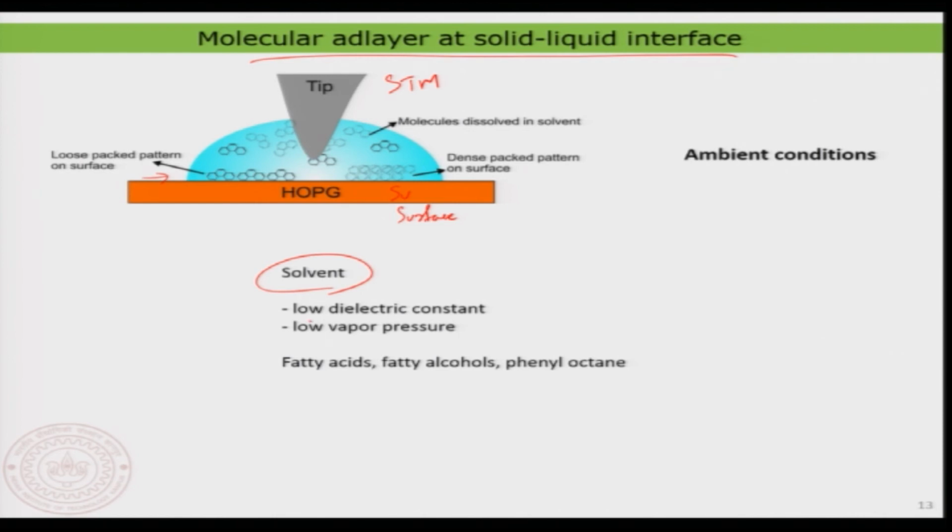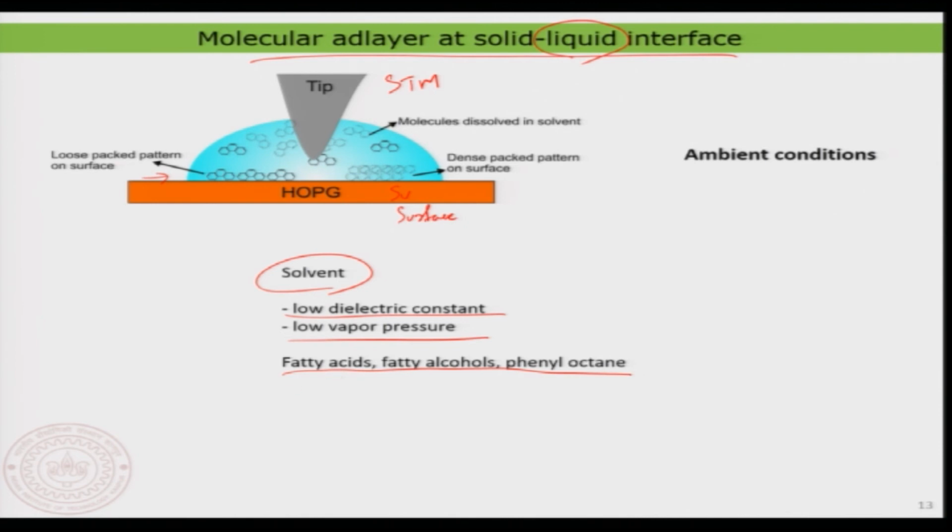Just keep in mind that one needs to have low dielectric constant or low vapor pressure liquids typically to do the study. We will revisit this when we study the scanning tunneling microscope, so then you will understand it a bit more in detail. But right now I just want to tell you that the typical solvents we are going to use, the so-called liquid phase medium, are fatty acids or fatty alcohols or phenyloctane.